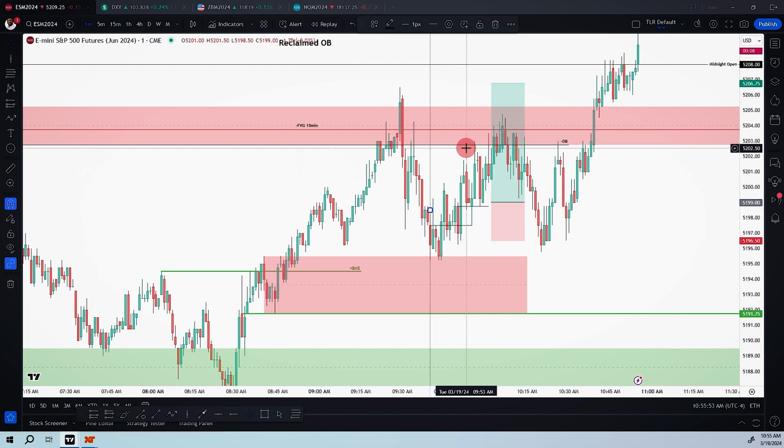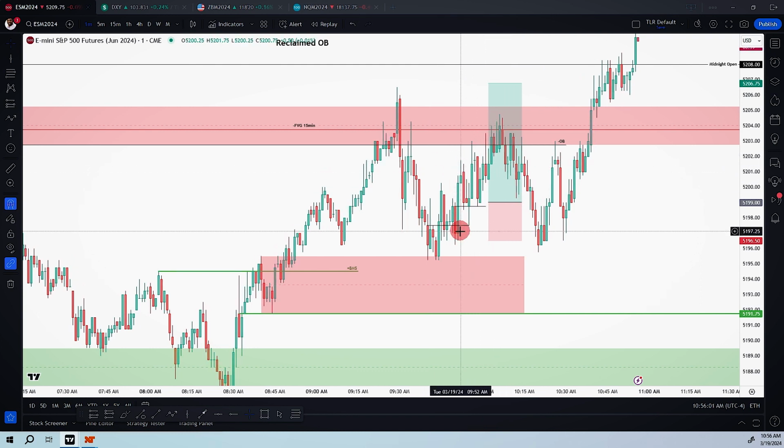We push up, and then we come back down. We reclaim this order block right there. Okay, so come down into this order block. We push up with displacement. Once we get our displacement, we come back down and we reclaim this order block right there.